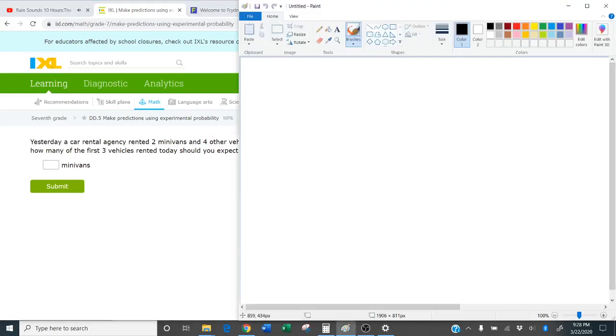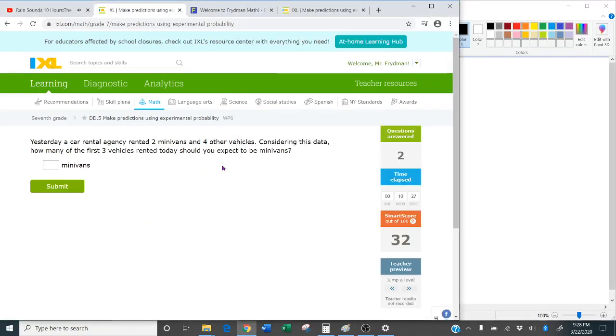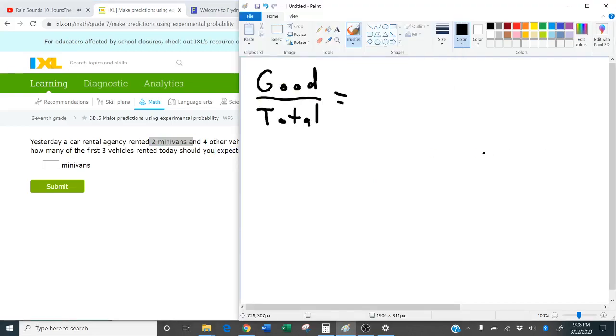That means when we find the probability and we do good over total, well, what do we like here? What are we considering good? How many would we expect to be minivans? So the minivans are good. So we have 2 minivans.